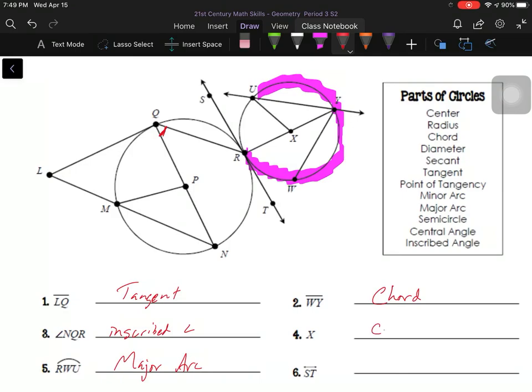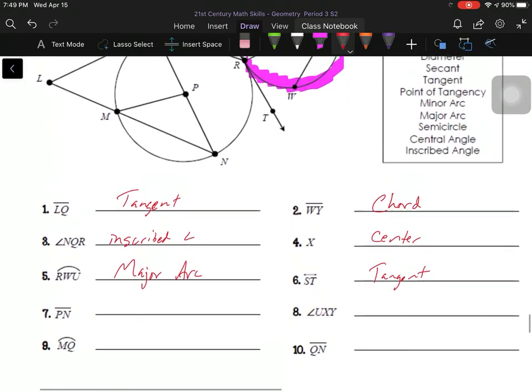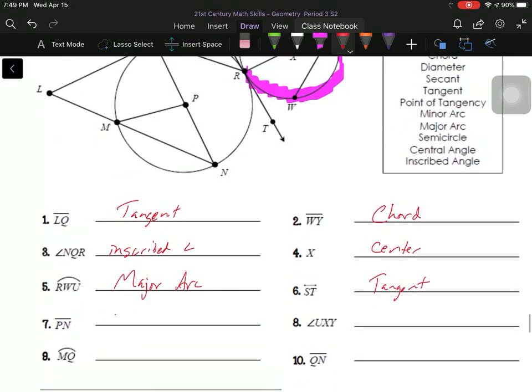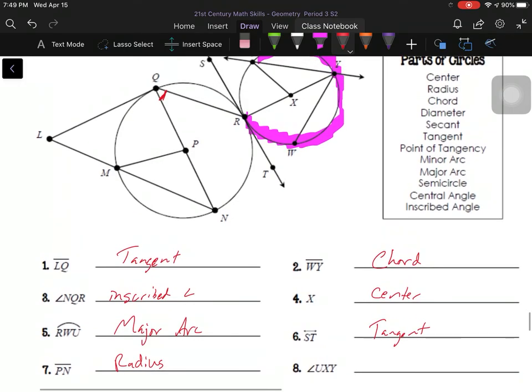Point X is the center. Line ST, that's a tangent also. Segment PN, so that's a radius. Angle UXY.